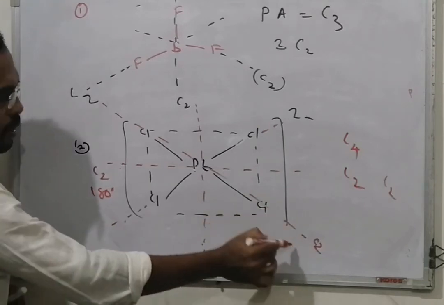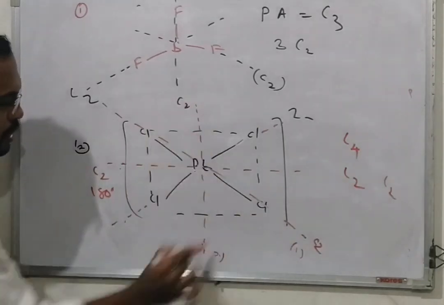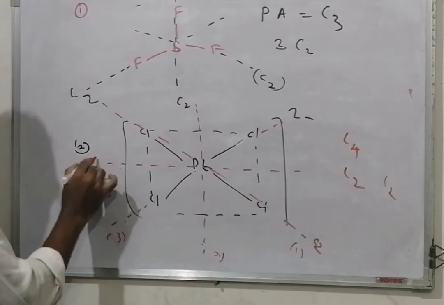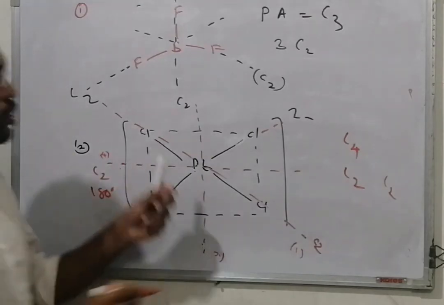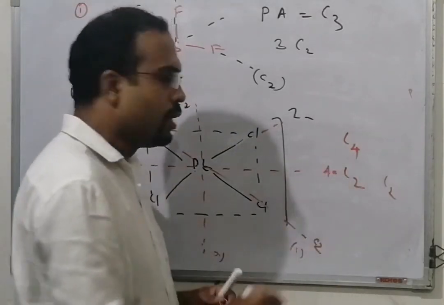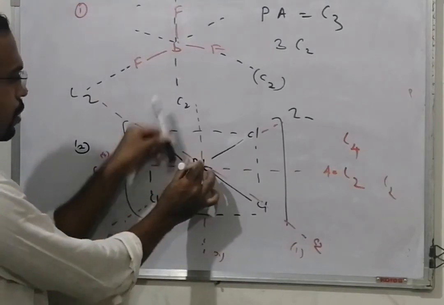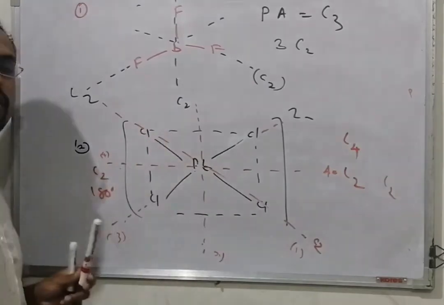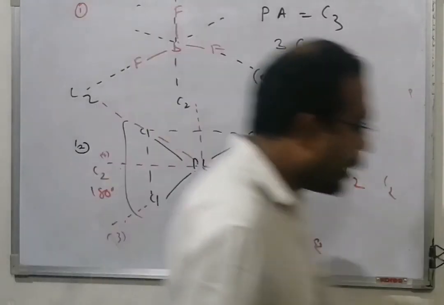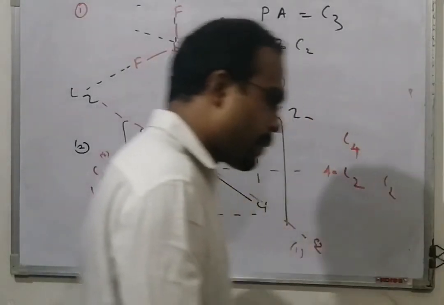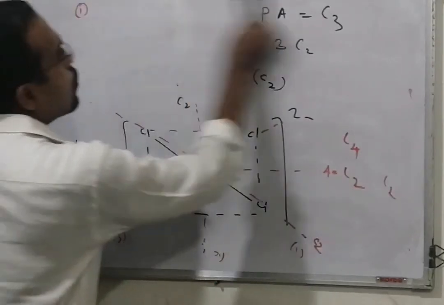One C2 axis, second C2 axis, third C2 axis, and fourth C2. 4 C2s, and all the C2s are perpendicular because this is our C4. All are perpendicular.